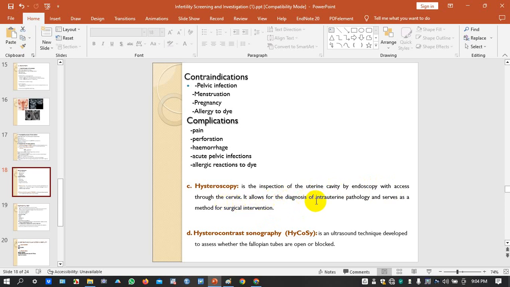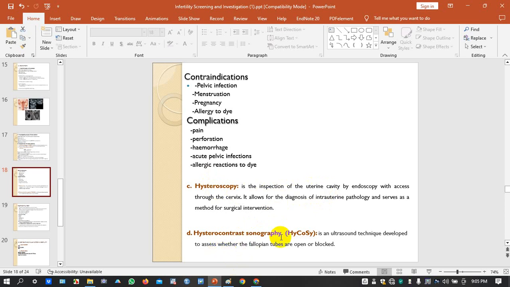This allows for the diagnosis of intrauterine pathology, that's diseases associated with the uterus or the womb, and serves as a method for surgical intervention. So if you do the hysteroscopy, it can help the doctor know where an abnormality is, whether the uterine cavity is blocked, so that you can go and drain it or remove whatever is blocking it.